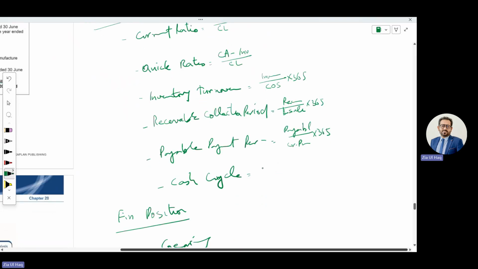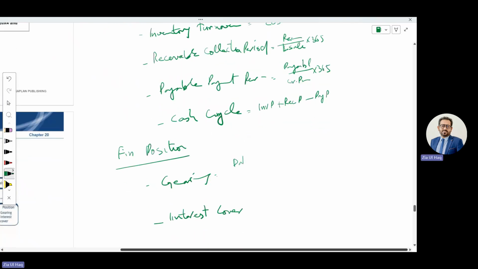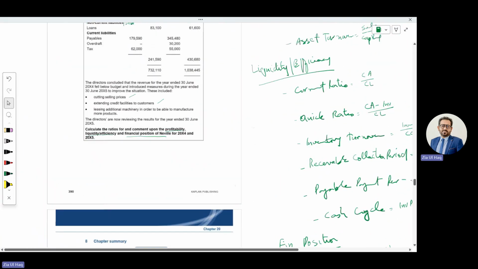Cash operating cycle: inventory period plus receivable collection period minus payable period. For gearing, debt over debt plus equity, and interest cover, PBIT over interest.